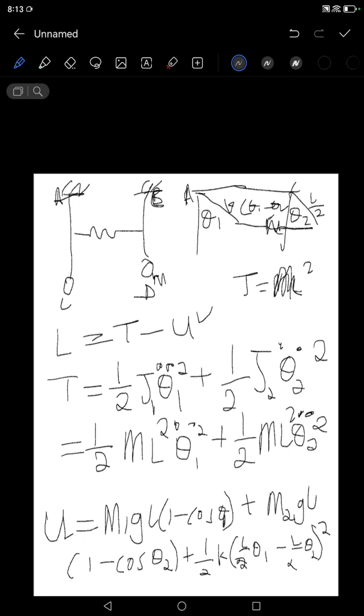And then moving forward, remember we are using the Lagrange method. So we have that formula for Lagrange, where we have d over dt into the partial derivative of kinetic energy over the partial derivative of q dot i. This qi is the generalized coordinates. Remember we have theta 1 and theta 2, so we let qi equal theta 1 and theta 2 so that we can get the two equations of motion, because we have two generalized coordinates.